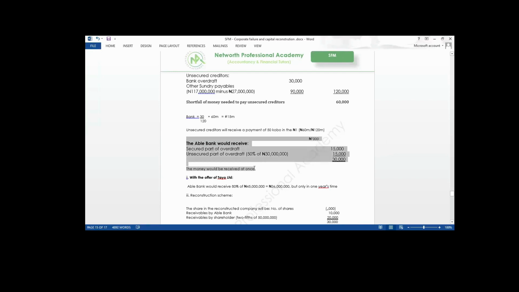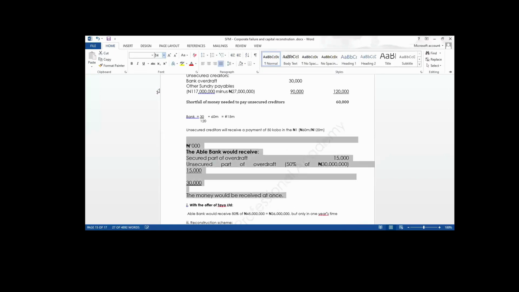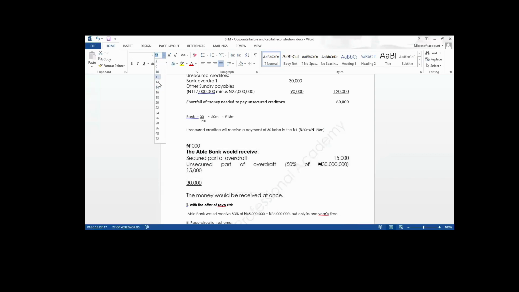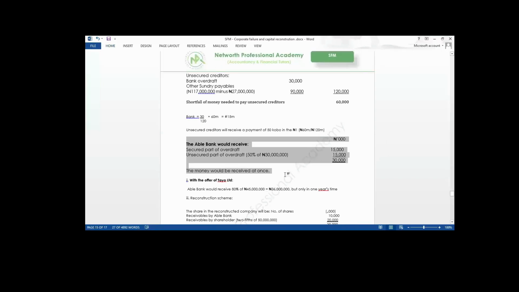We are done with proposal A. Under proposal A, bank will get 30 million naira. It's too much. And proposal A is if the company is liquidated.